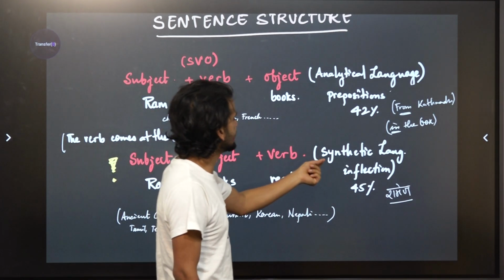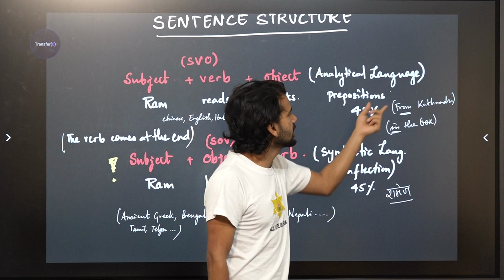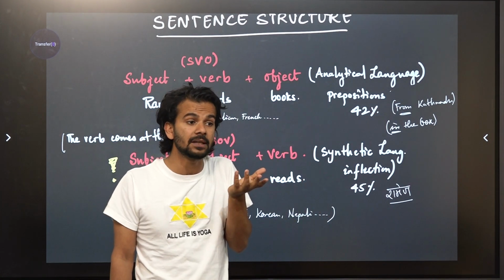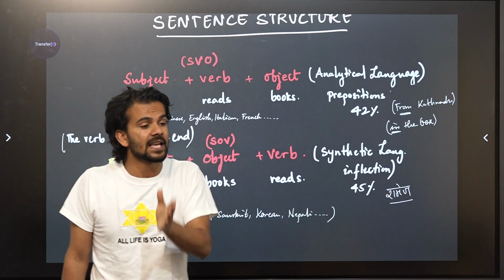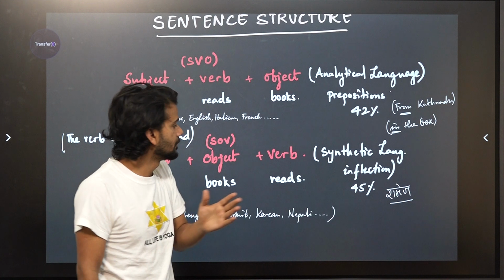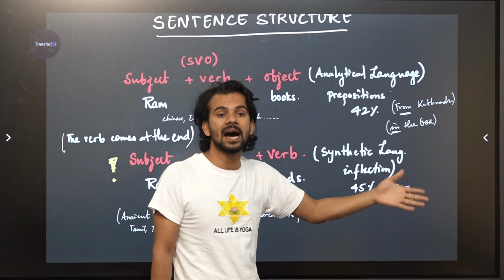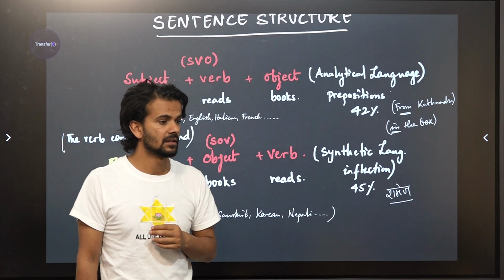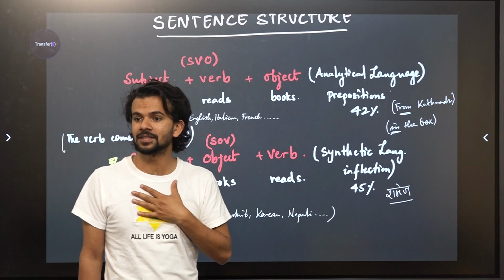In synthetic language, you have inflections. You don't have prepositions, or there is no need of prepositions. Some may have, but you don't need "from Ram". To say "from Ram", you can say Ramena or Ramat, Brikshat, Patram, Patanti, I think.